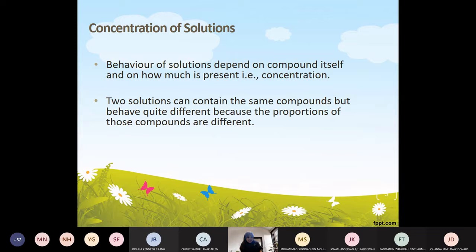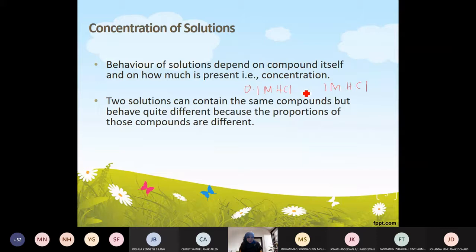Okay, let us move on to the concentration of solution. So behavior of solution will depend on the compound itself and how much it is present, and that will indicate its concentration. For example, 0.1 molar HCl, hydrochloric acid, will behave differently from 1 molar hydrochloric acid.